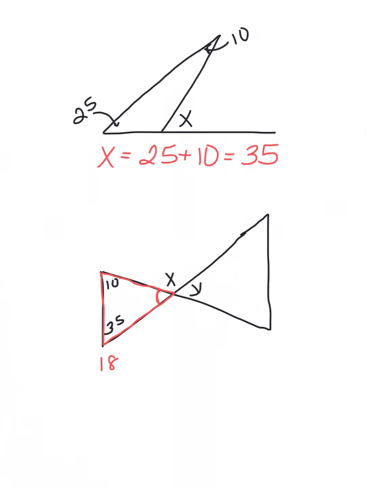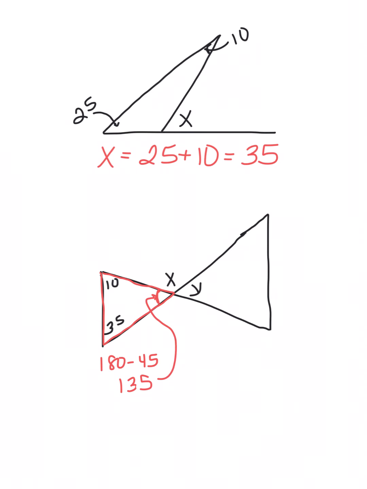And I'm going to do 180 minus 45 to get 135. So therefore, I know that this angle right in there is 135.